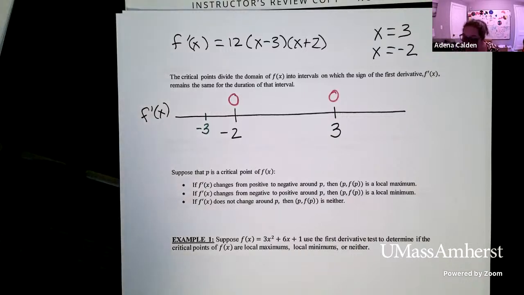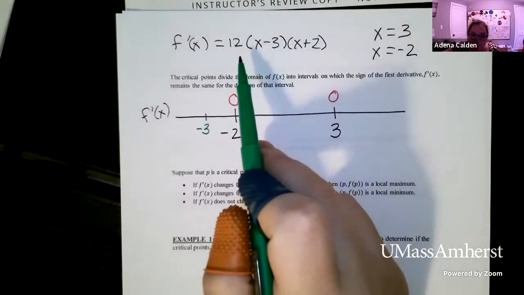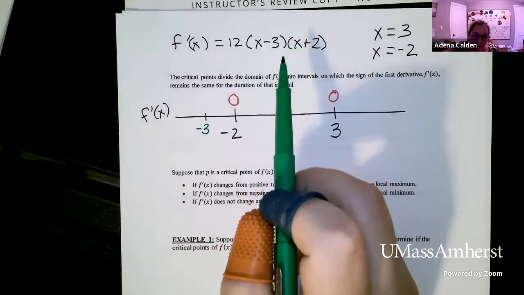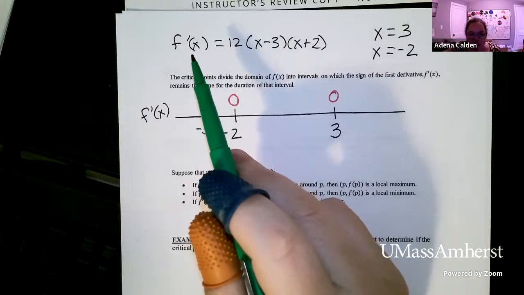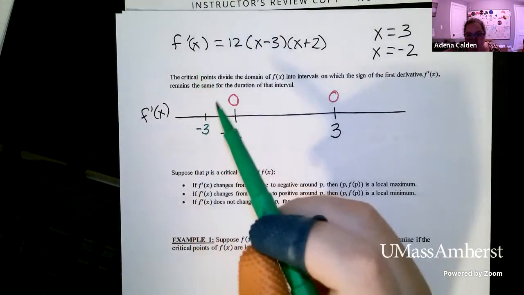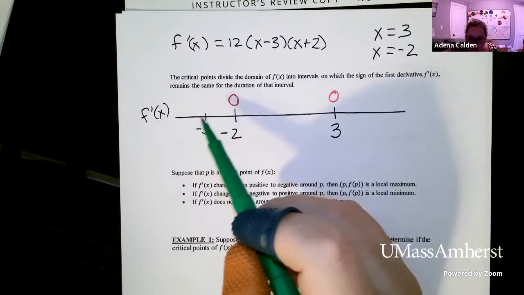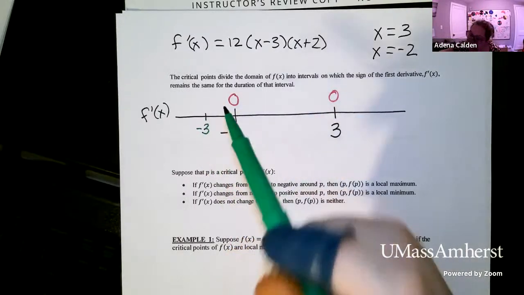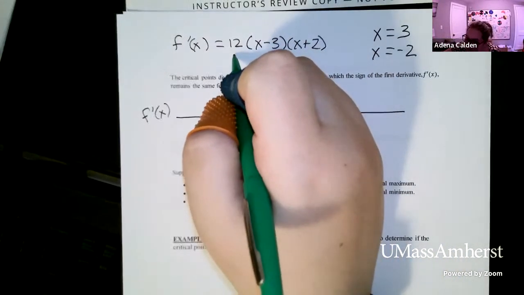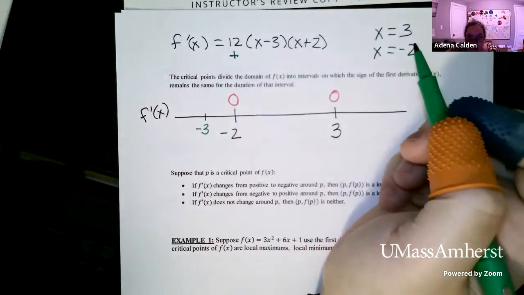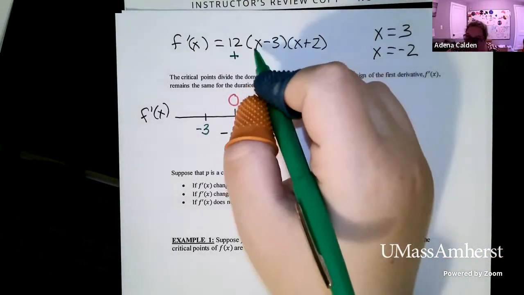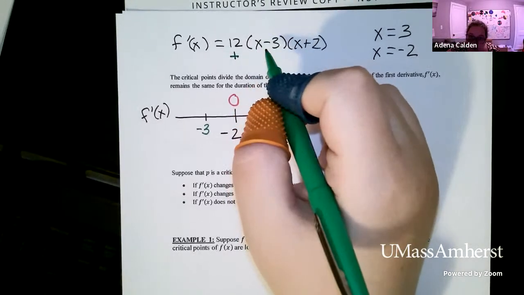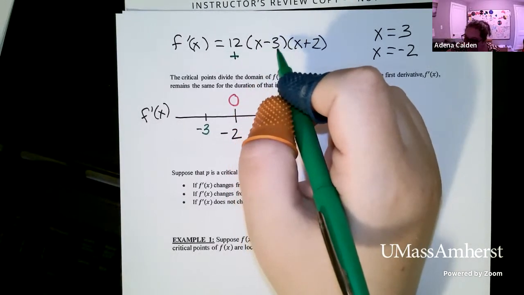And so what we want to do is we want to go up to our first derivative. If you have it factored, it does make it a little bit easier. And we want to know what is the sign of the first derivative when you plug in your test point. Okay, so if I'm plugging in a -3, I look at each factor. The 12 will always be positive. Now, if I plug in a -3 into this factor in the middle, I have -3 minus 3.